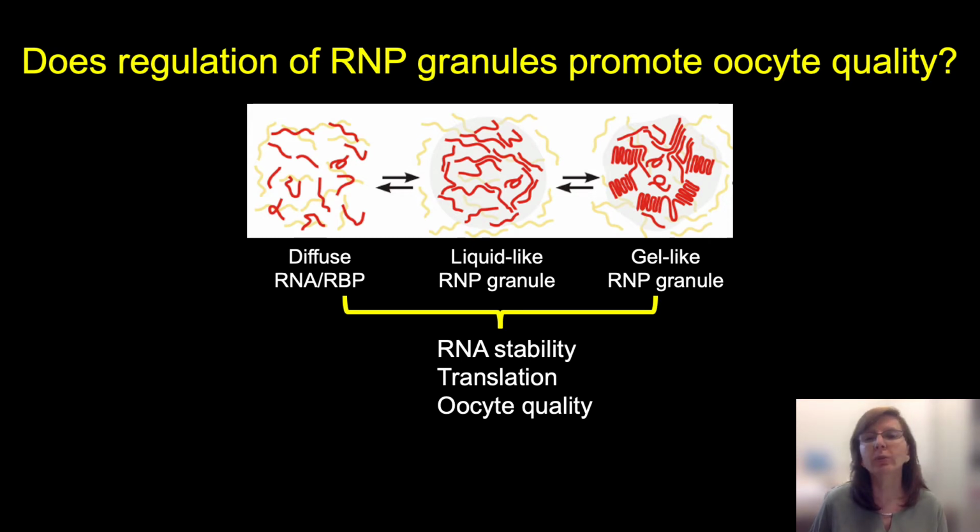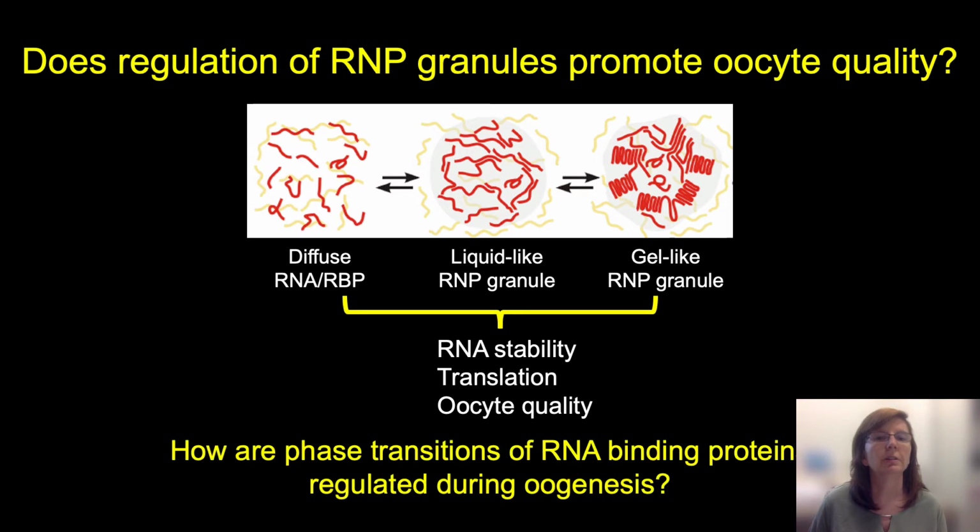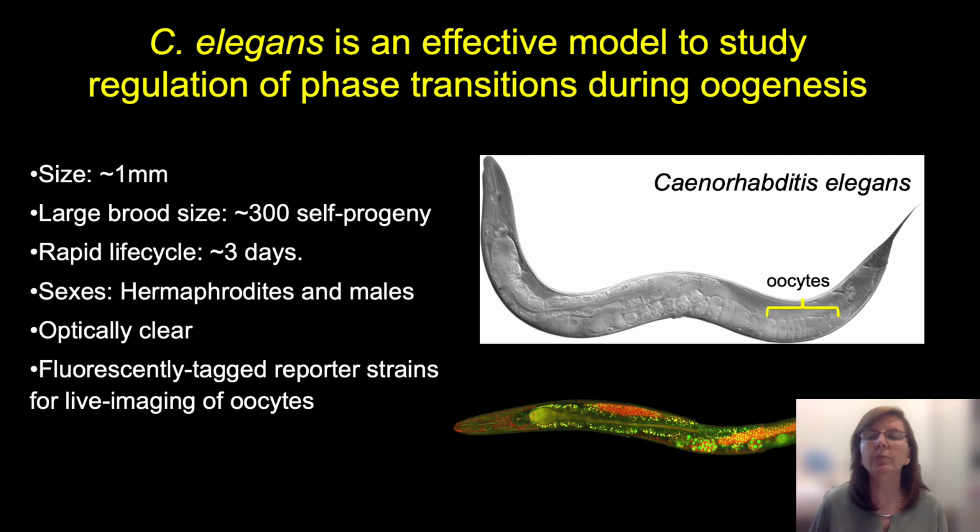As a first step towards this goal, my lab has been using the model system C. elegans to study how phase transitions of RNA binding proteins are regulated during oogenesis. The C. elegans model offers many of the usual advantages of small model systems in terms of small size, large brood size, and rapid life cycle.